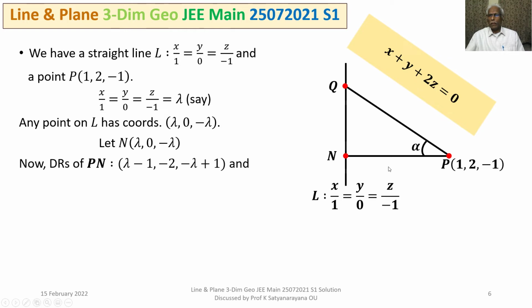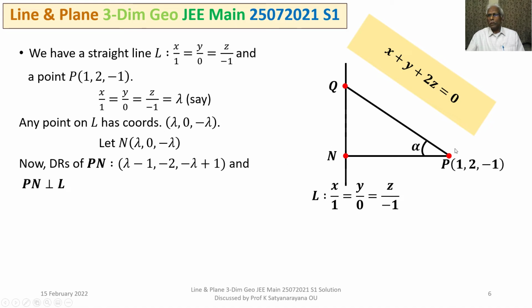Now the direction ratios of PN. The coordinates of P are known. The coordinates of N, lambda 0 minus lambda, are known. So the direction ratios are lambda minus 1, 0 minus 2, minus lambda minus 1. That is, lambda minus 1, minus 2, minus lambda plus 1 are the direction ratios of this PN.